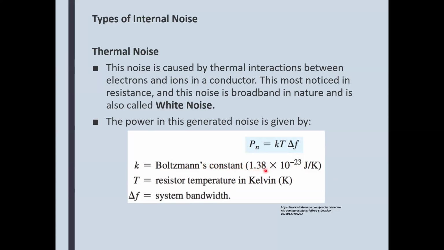It's 1.38 times 10 to the negative 23 joules per Kelvin. T is the resistor temperature in Kelvin degrees, since we're talking about resistors. And delta F is the system bandwidth, the spread of the frequency that we're considering.